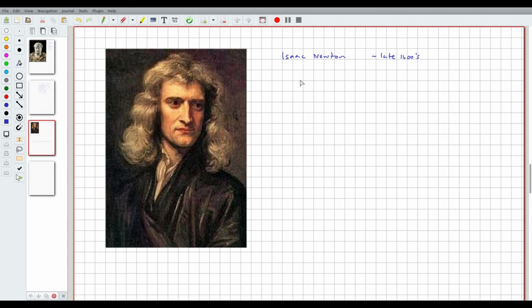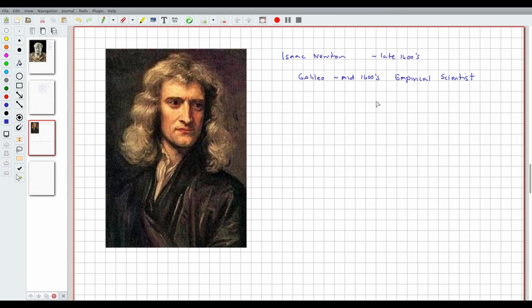Aristotle and a little bit before Isaac Newton, you had this guy named Galileo. He lived roughly mid-1600s. And Galileo typically is considered to be the first real empirical scientist.